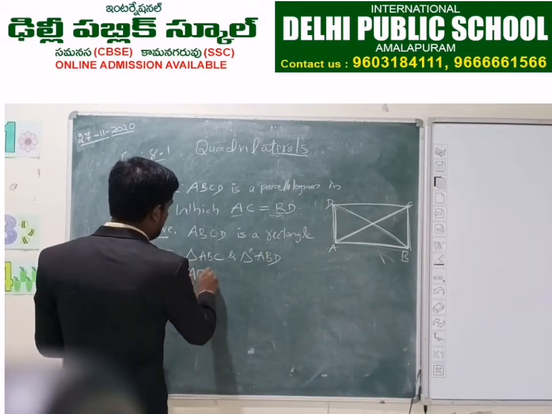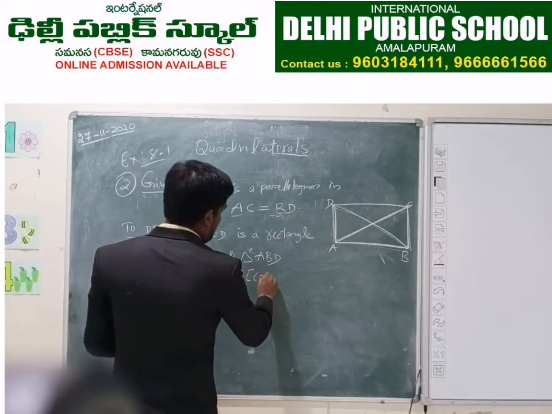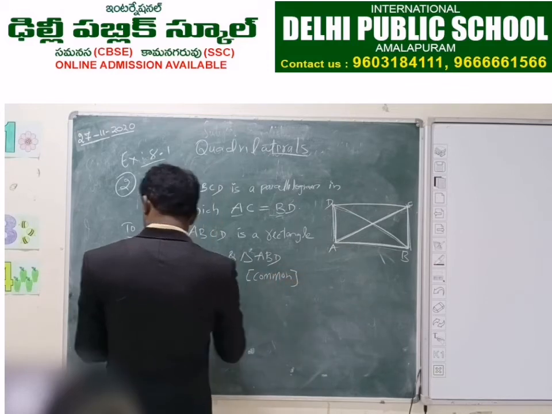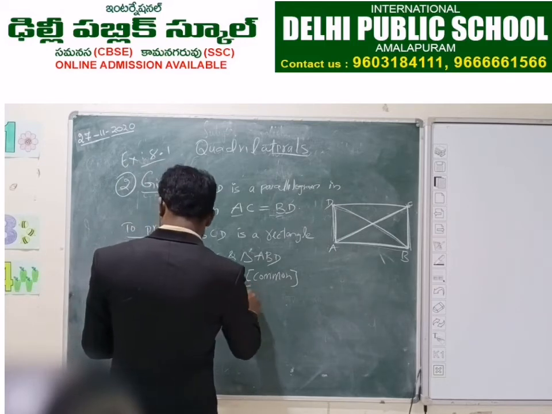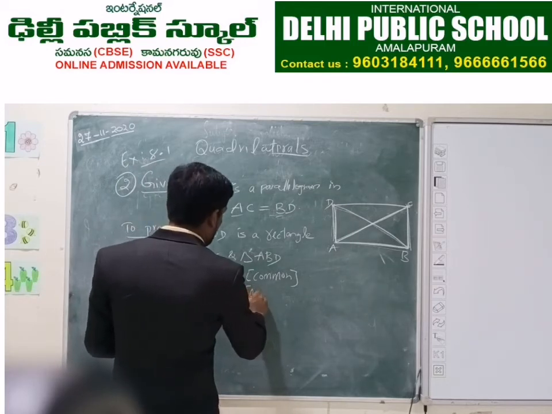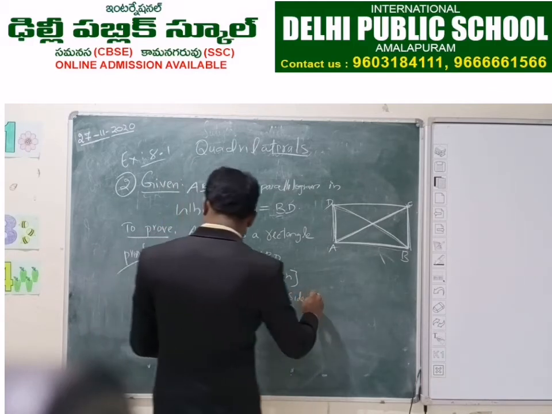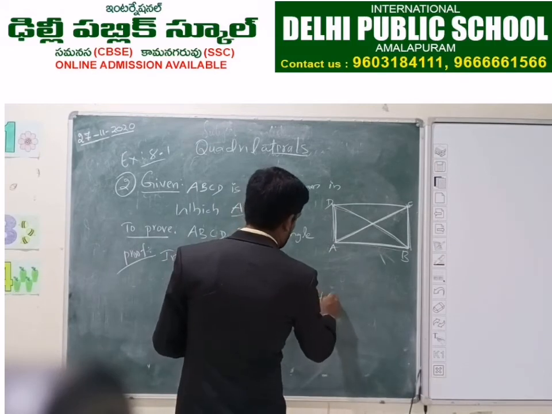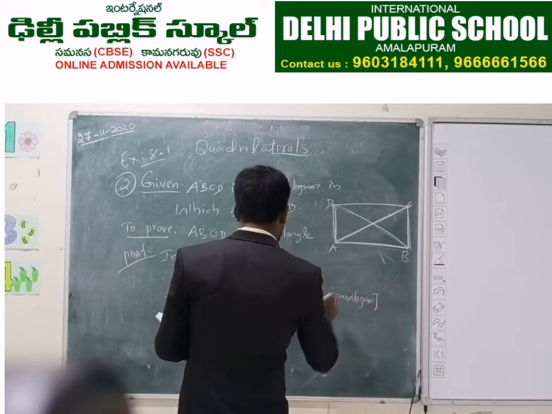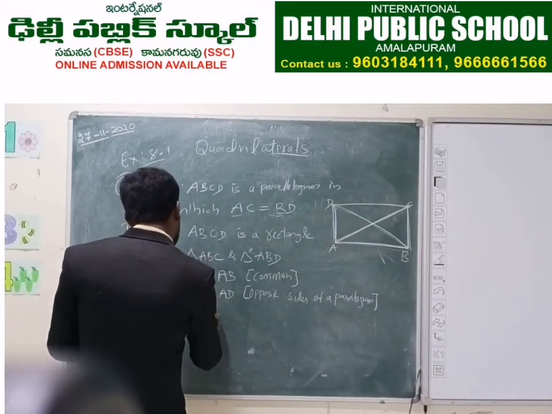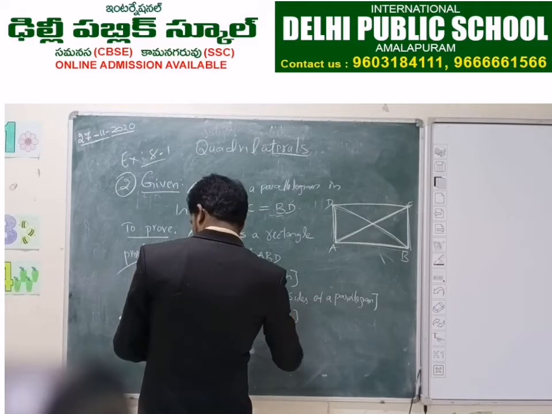See here, AB is equal to AB, that is common. BC is equal to AD, opposite sides of a parallelogram. Then AC is equal to BD, that is given.